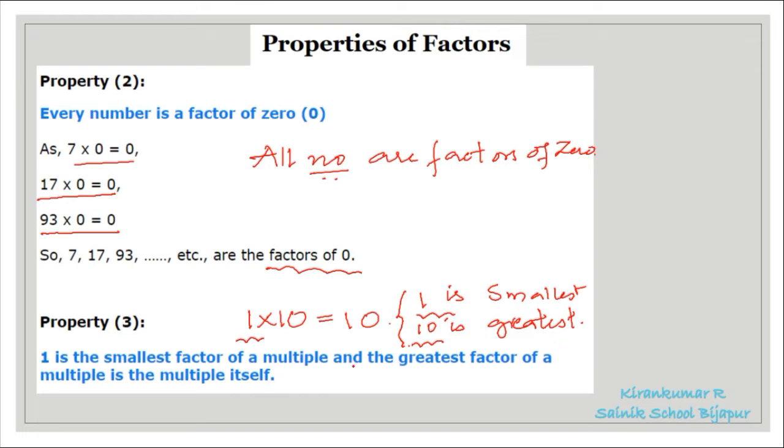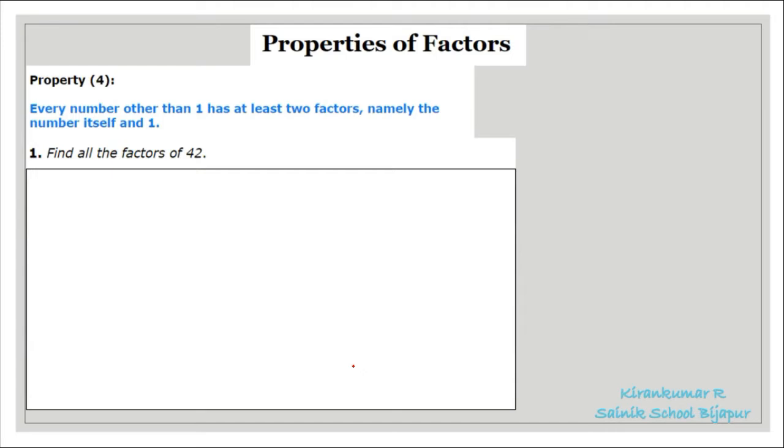The next property is every number other than 1 has at least two factors, namely the number and 1. So for example, if I say 97, 97 is a larger number.